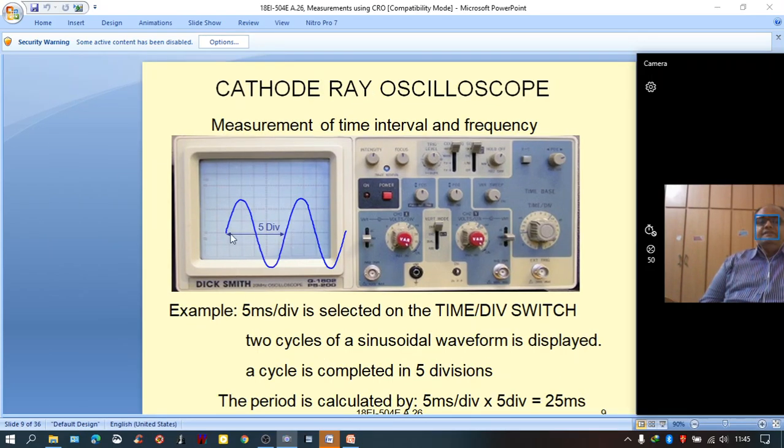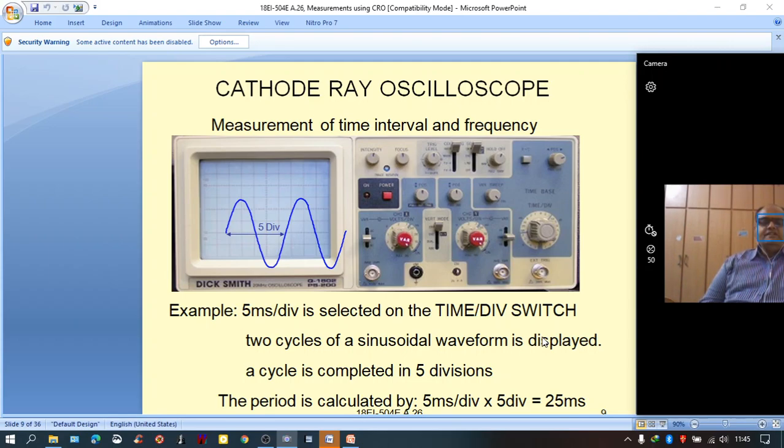And as you can see here, the signal is taking 5 divisions for completion of one cycle. So the time period is completed in a duration of 5 divisions, with each division corresponding to 5 milliseconds. So the total time period here is 25 milliseconds. 25 milliseconds, as we have discussed in the last class, is equal to 40 Hertz frequency.